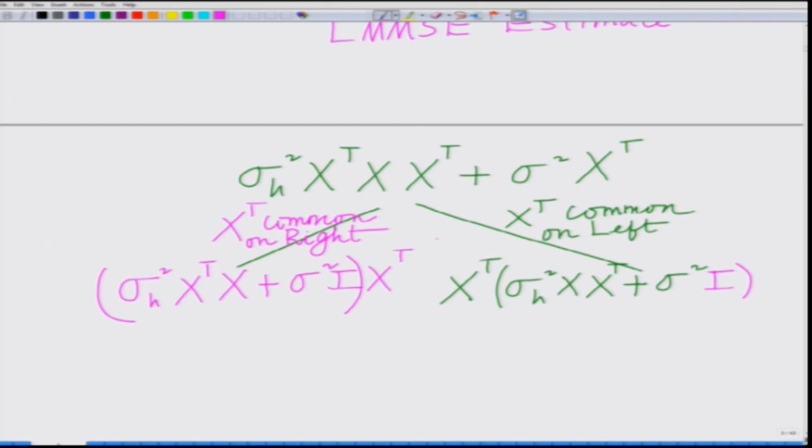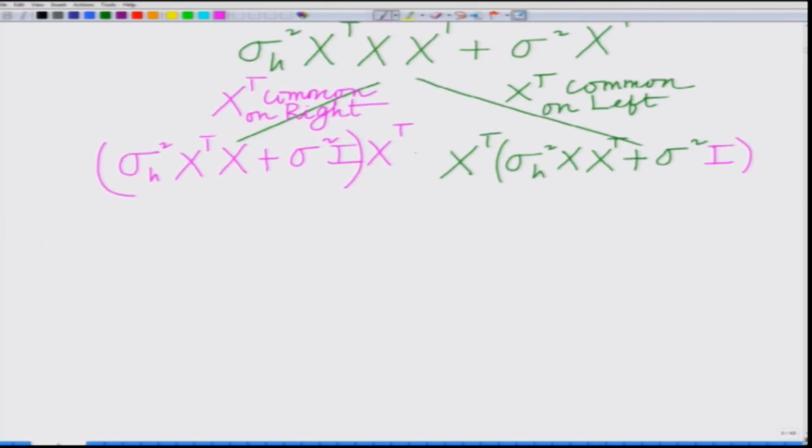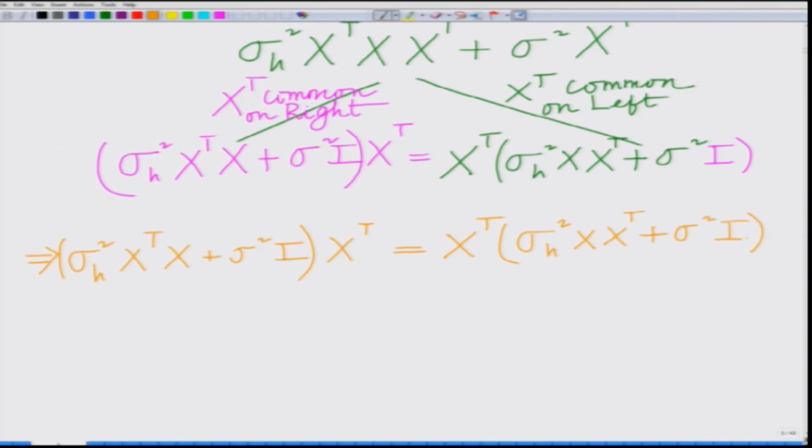times x transpose. Naturally, since both these quantities are derived from the same quantity, these two quantities are equal, which implies basically what I have. Let me write this clearly: (sigma h square x transpose x plus sigma square identity) into x transpose equals x transpose (sigma h square x x transpose plus sigma square identity).